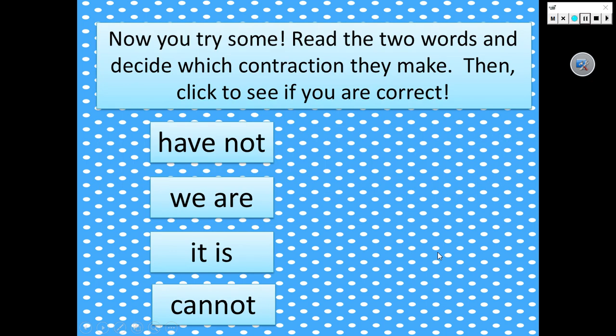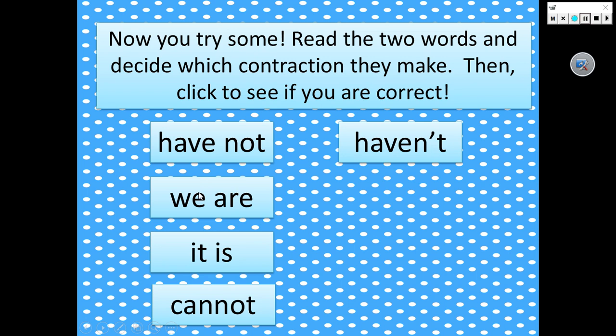Okay, it says now you try some. Read the two words and decide which contraction they make. Then click to see if you are correct. So the first one says have not. So you think in your head, if we squished have and not together, what contraction would they make? If you said haven't, you're correct.